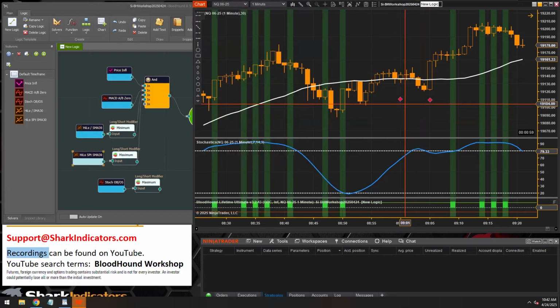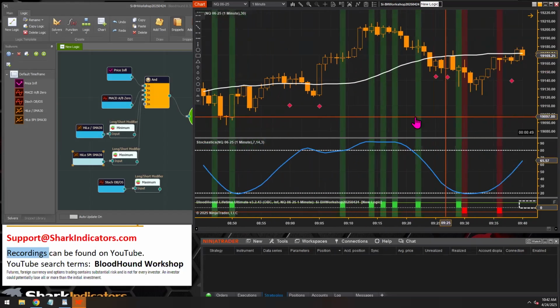There we go. Now those two signals there are removed, because those bars are touching there.